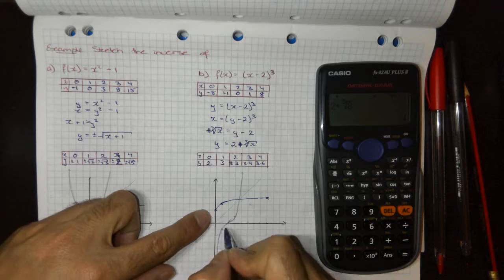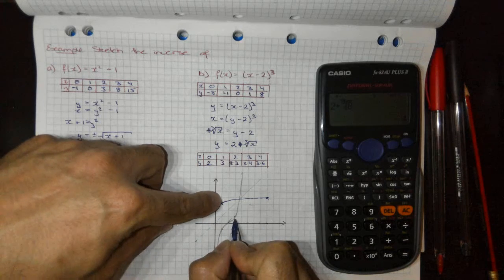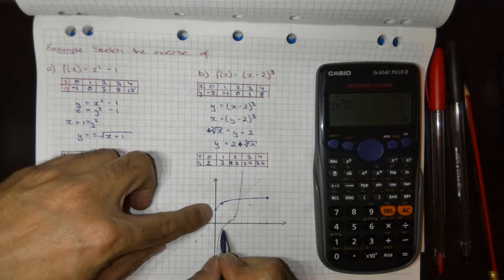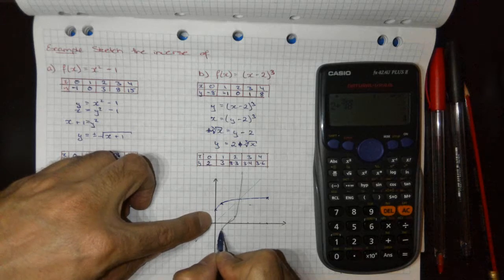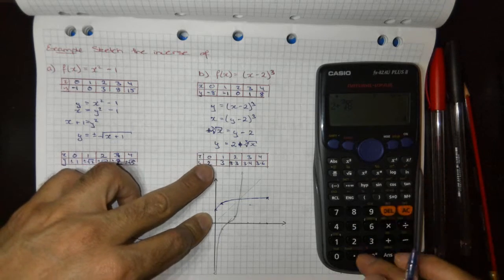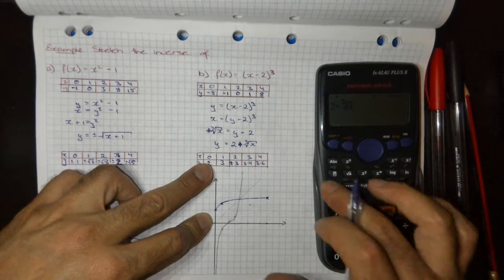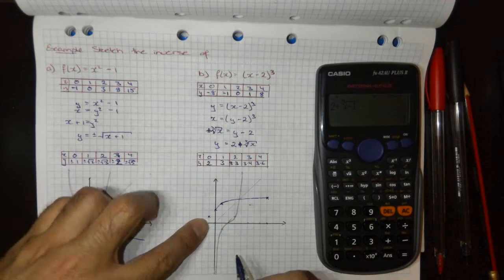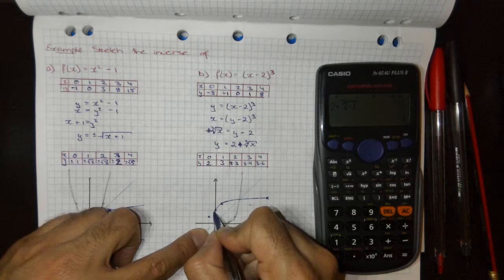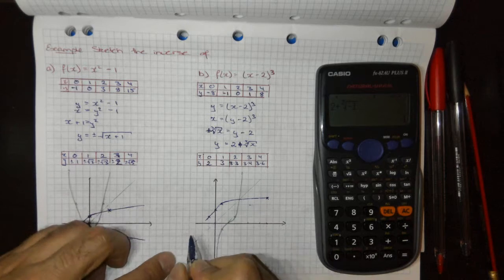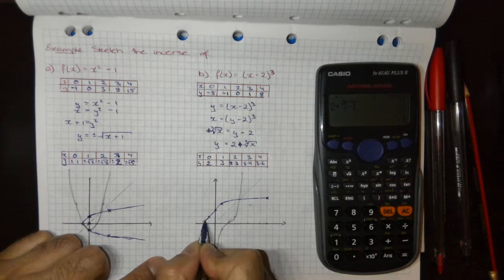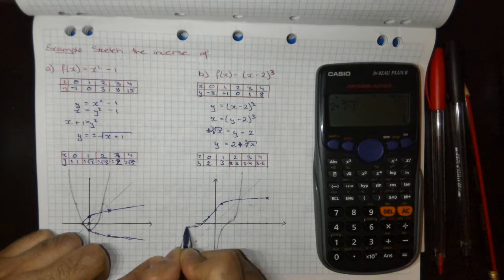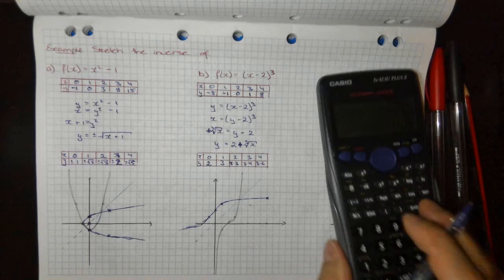Obviously, we have negative 1, which would be 1. Something like that.